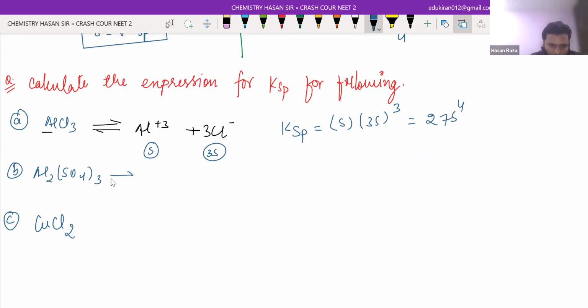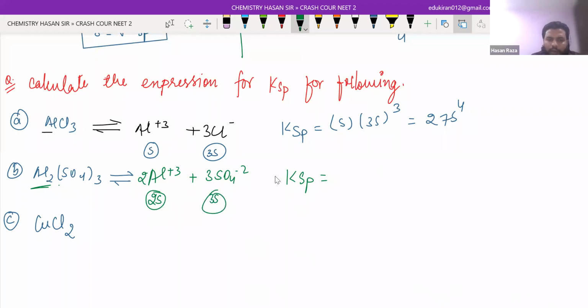Now if you are going to dissociate this, it will be Al plus 3. And since 2 aluminum is there, we are going to write 2. And this will be 3 SO4 minus 2. Now if you want to write the KSP, you know that Al plus 3 will have 2s and this will have 3s.